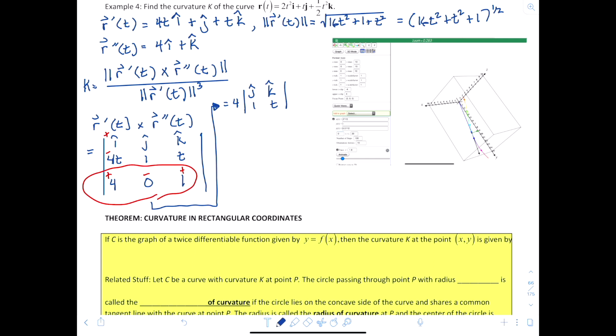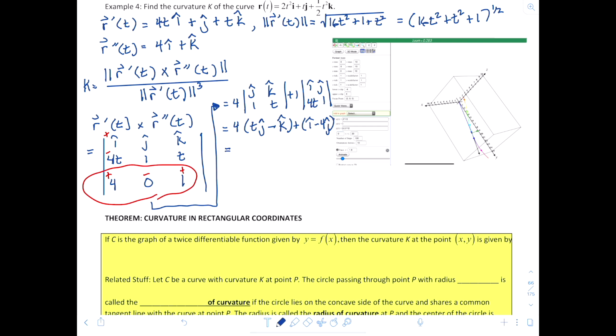And then the second one zeroes out, and then we'll have plus 1 times the determinant of i, j, and then 4t and 1. So that's going to end up being 4 times t times j minus k, and then plus i minus 4j.